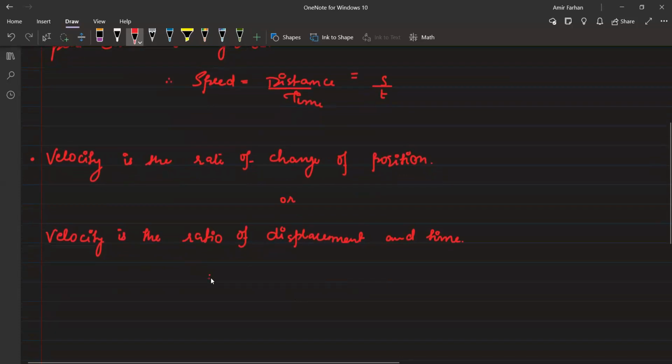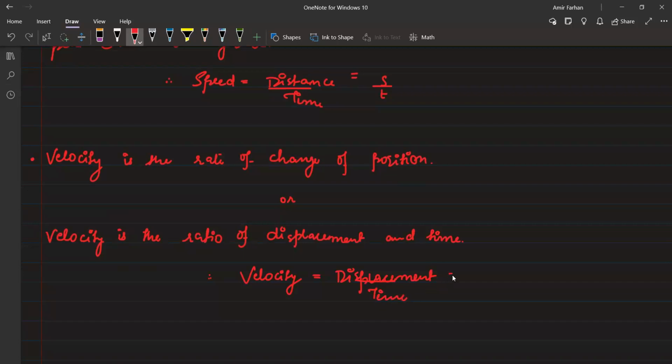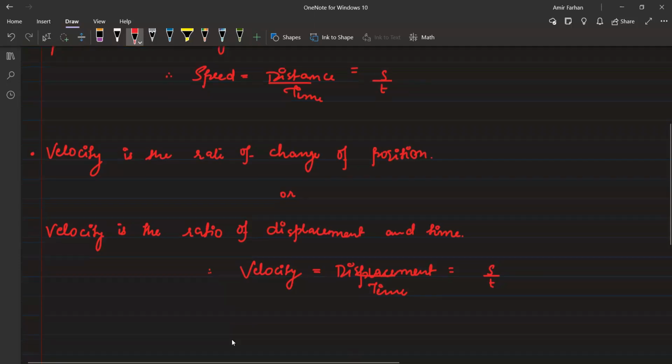Okay, so velocity can be written as displacement divided by time. We denote this with S as well. So it is nothing but displacement upon time. Clear everybody? Sir, it's clear. Okay, very good.